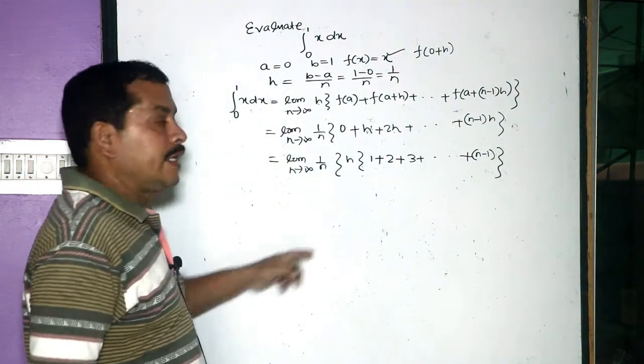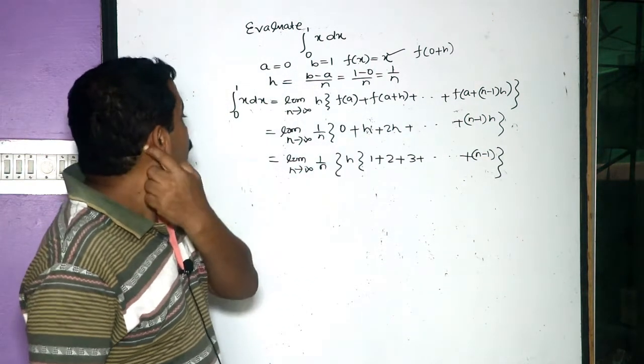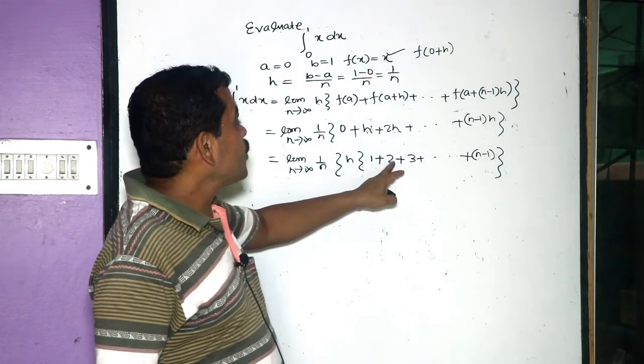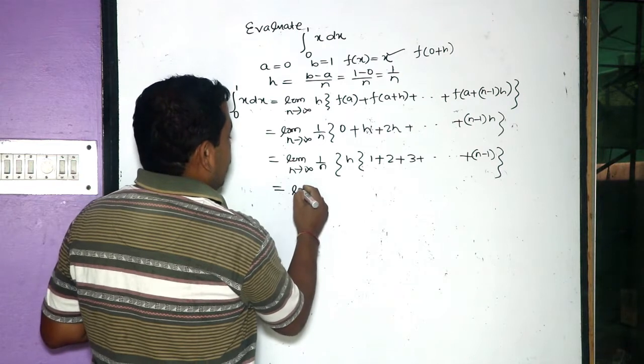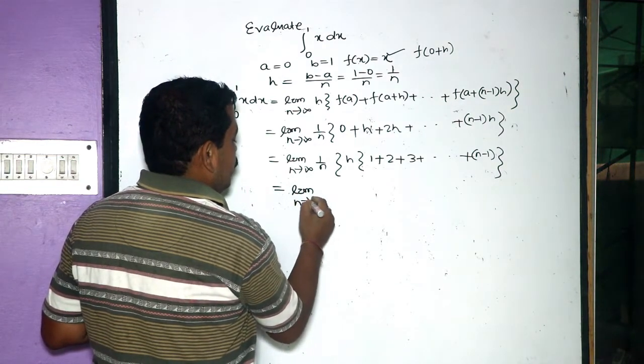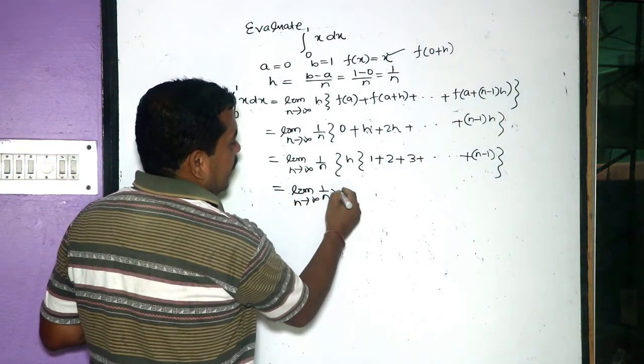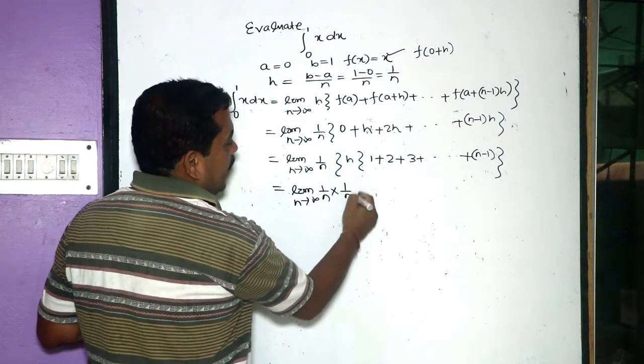Taking h common, we have 1 plus 2 plus 3 up to n minus 1. Here limit n tends to infinity 1 by n into h, and h means 1 by n.